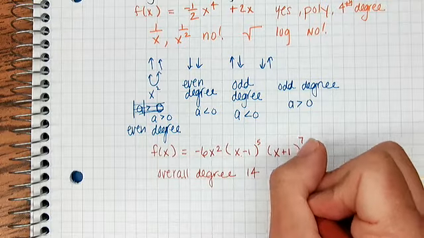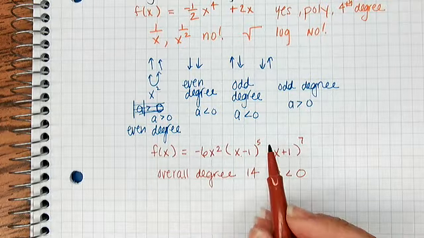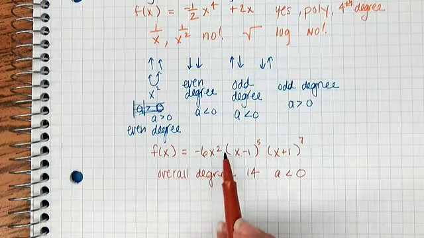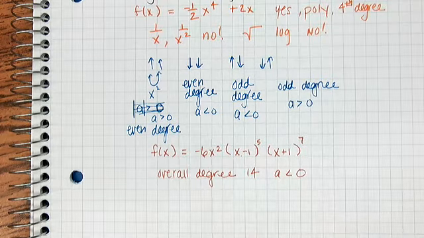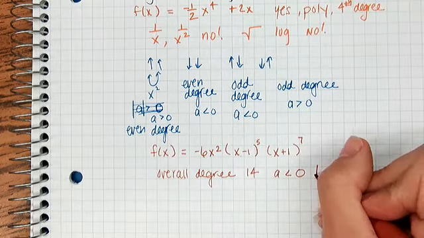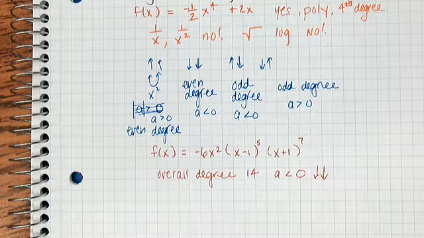A is negative. If you multiplied this whole thing out, you would have negative 6 times 1x to the 5th times 1x to the 7th. So a would be less than 0. This would be even degree, a less than 0, and would model an upside down parabola for your end behavior.